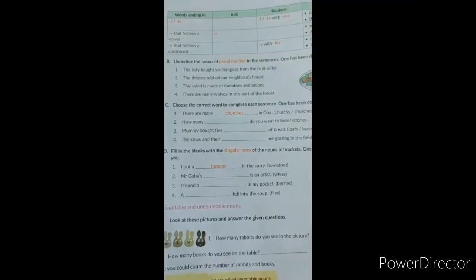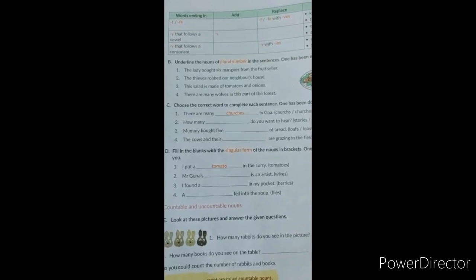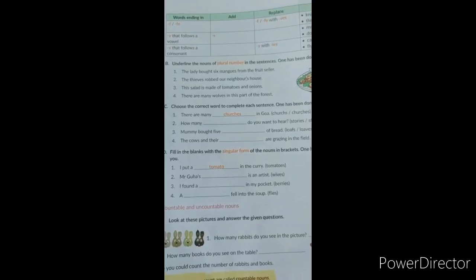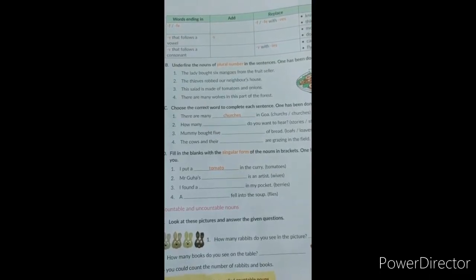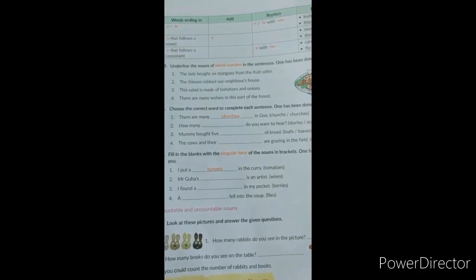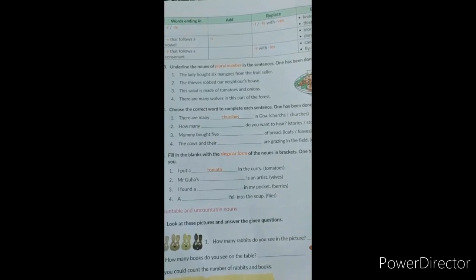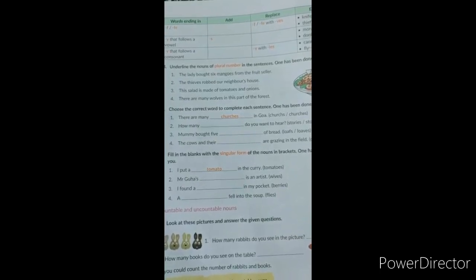Students, your home assignment is exercise B, C and D, page number 12 in your English grammar book. In exercise B, you have to underline the nouns of plural number. In exercise C, you have to fill in the blanks with the correct word.